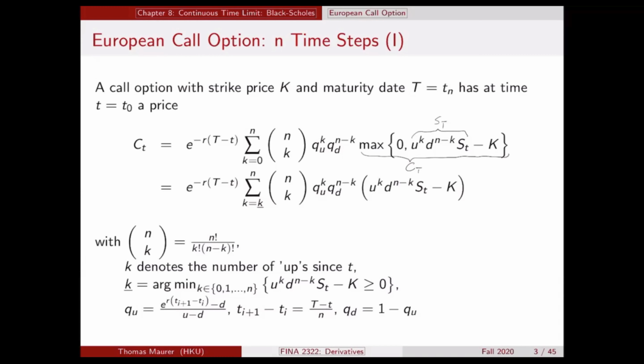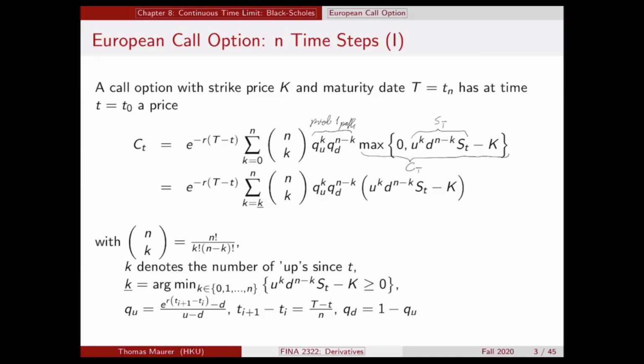For a call option, you get the price of the underlying asset minus the strike price if this is positive. If this is negative, you just don't exercise the option and the payoff is 0. So you take the maximum of these two numbers.